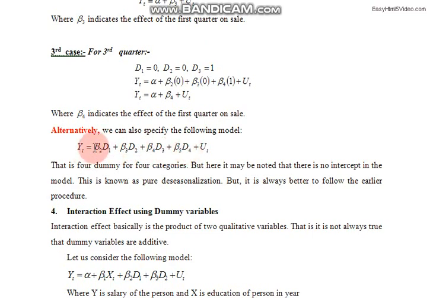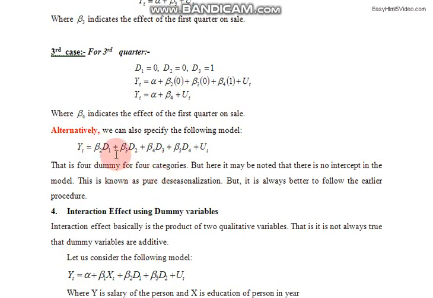Clearly see that we don't have an intercept here. We have omitted the intercept. So you can include 4 dummies for 4 categories, but you have to omit alpha in order to avoid the problem of dummy variable trap or multicollinearity between dummy variables.